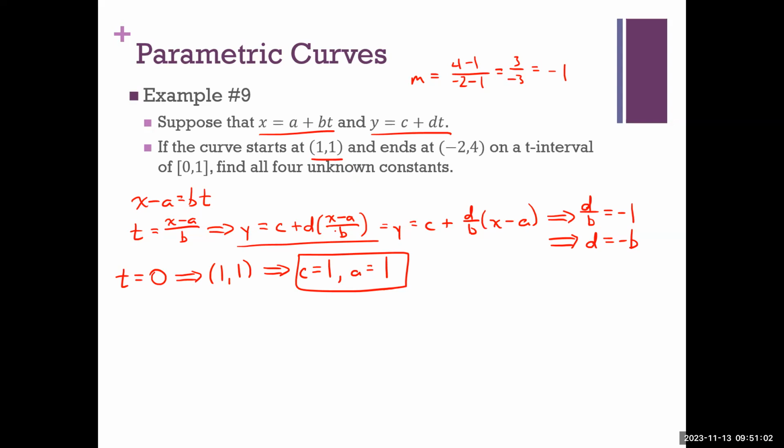But now can I get b and d? Based on what we've already done, if I find one of them, I get the other. So how can I find one of them? Use the same logic with t equals 1 and the point (-2, 4).